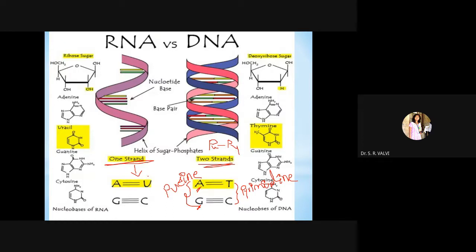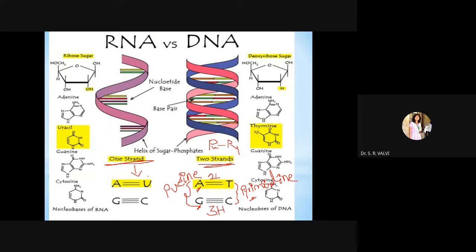Adenine from the purines is going to join with thymine of the pyrimidines with two hydrogen bonds, whereas guanine of the purines, listen carefully, is going to join with cytosine of the pyrimidines with three hydrogen bonds.